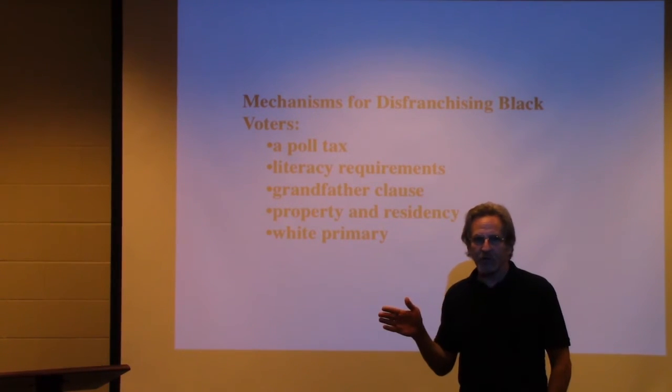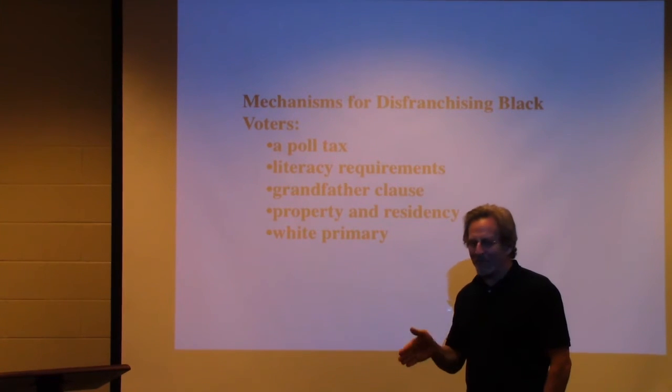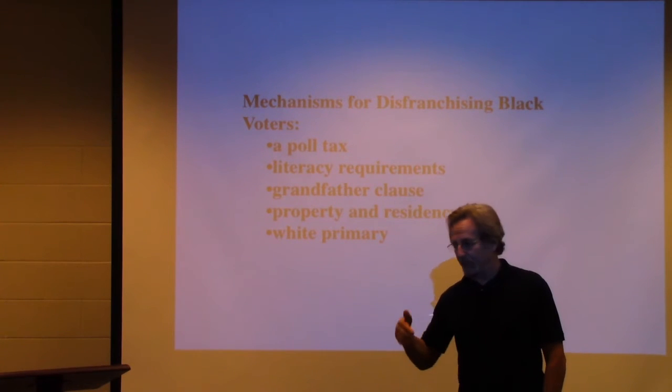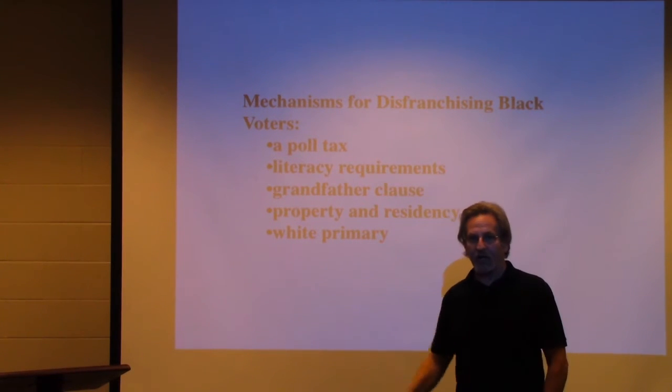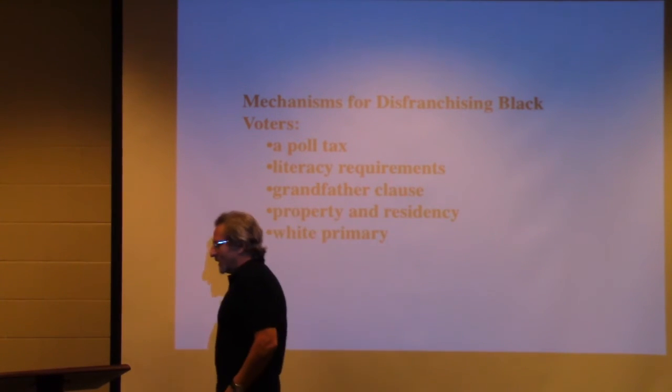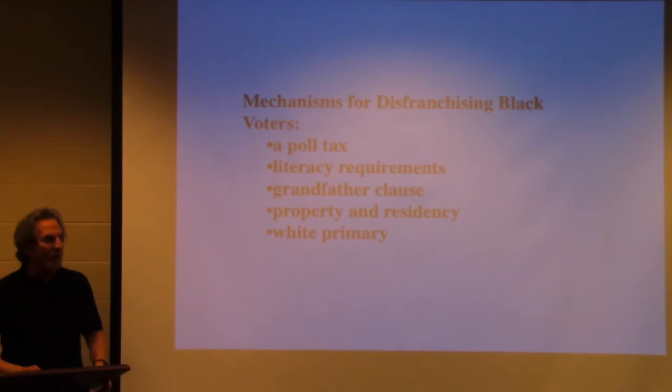It's a foregone conclusion. Whoever is the Democratic Party candidate is going to be elected to governor or mayor or Congress. The only election of consequence is the primary election.